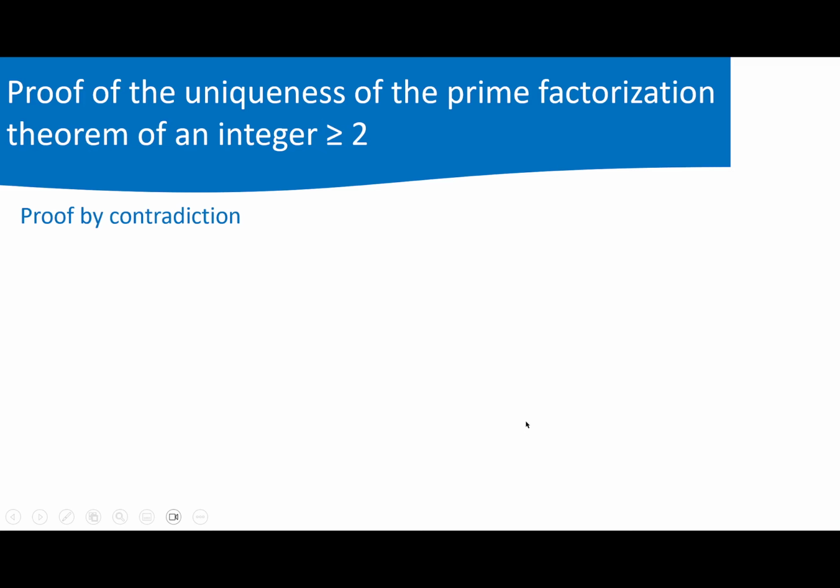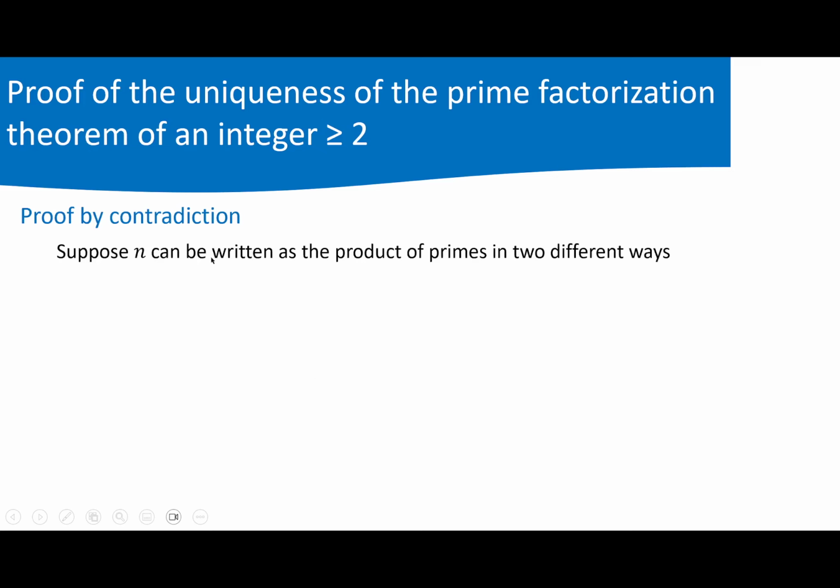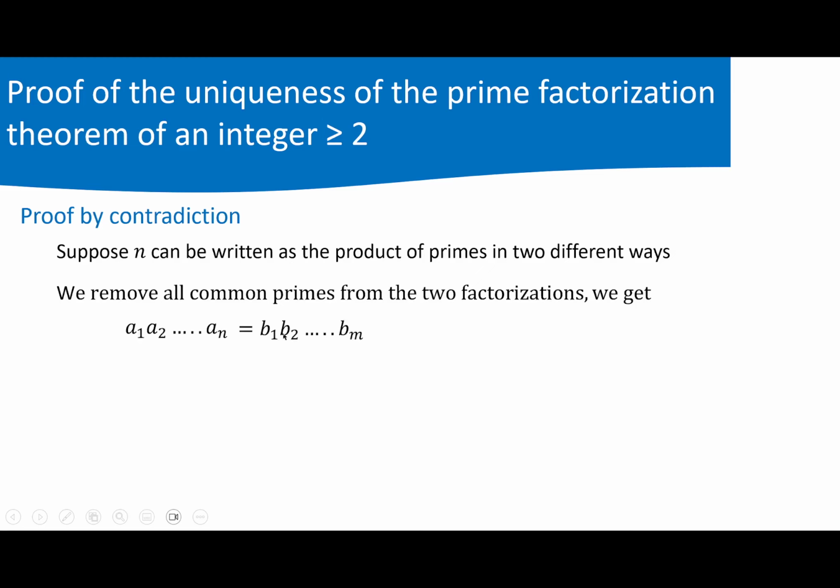Proof of the uniqueness of the prime factorization theorem. Proof by contradiction. Suppose n can be written as the product of primes in two different ways. We remove all common primes from the two factorizations and we get this here. Now, a1 divides b1, b2, ..., bm. Why?